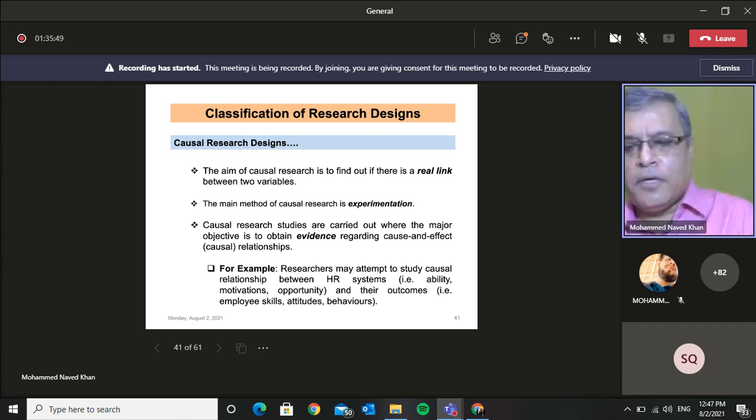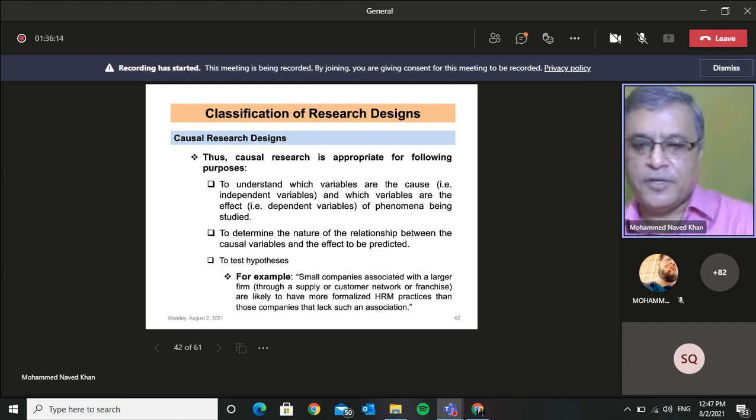This may be carried out as a study, and if you are doing any kind of manipulation here, for example, you provide some kind of training to your employees, and then you may be interested in finding out what is the effect of this training as far as the outcomes are concerned, and if you proceed in this direction, you are adopting a design which can be said to be a causal research design, because it involves some kind of experimentation on your side.